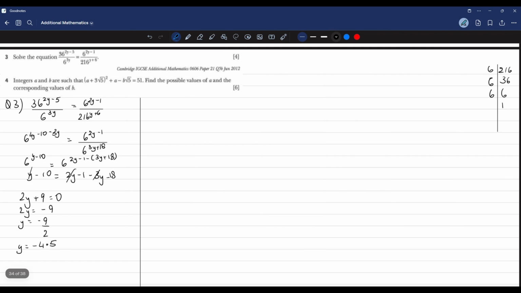As you can see, these are really basic questions. And before I continue further, I'm going to tell you that indices and surds questions are not explicitly in the syllabus because they have removed that as a chapter.